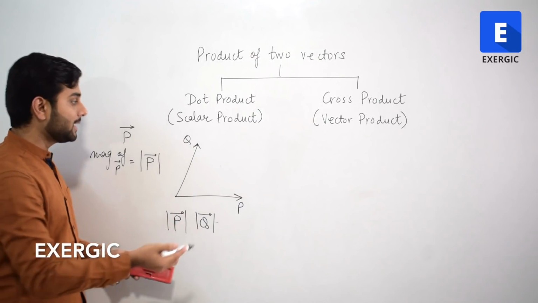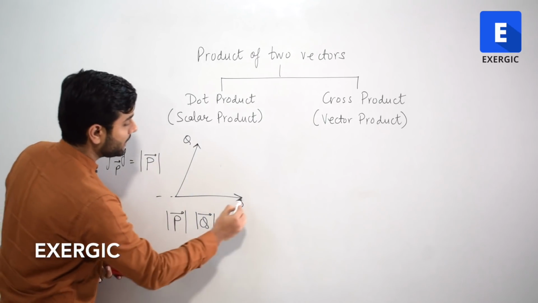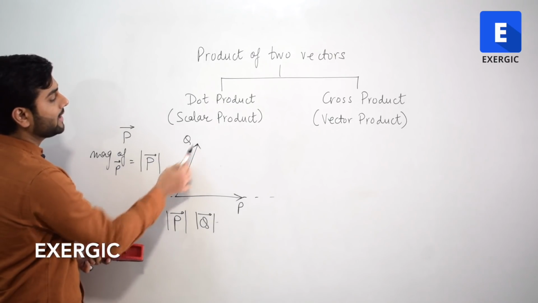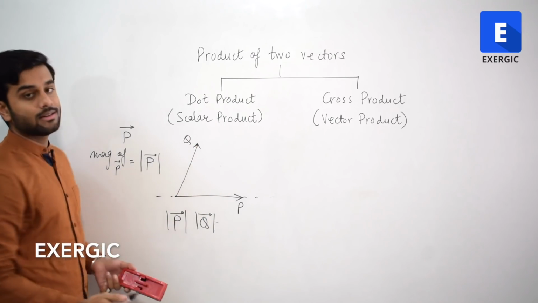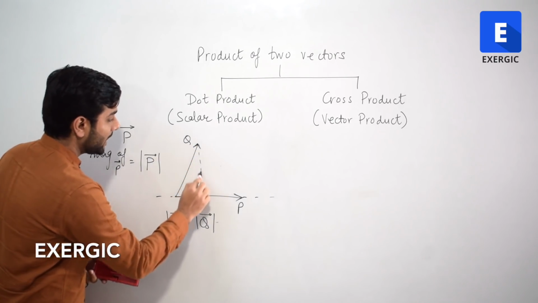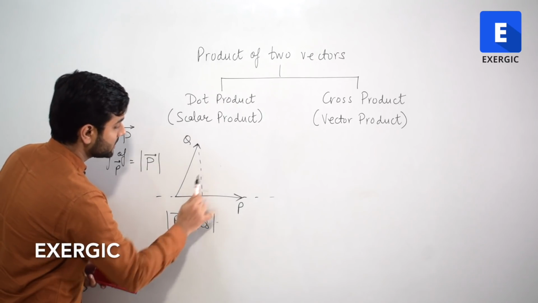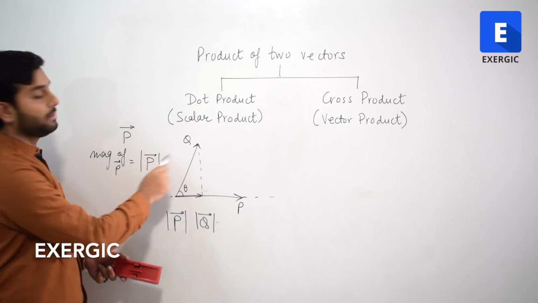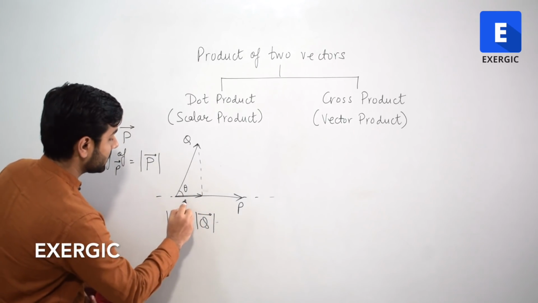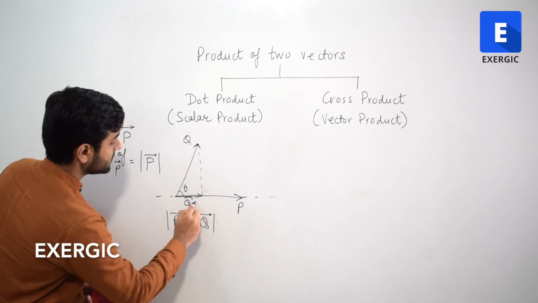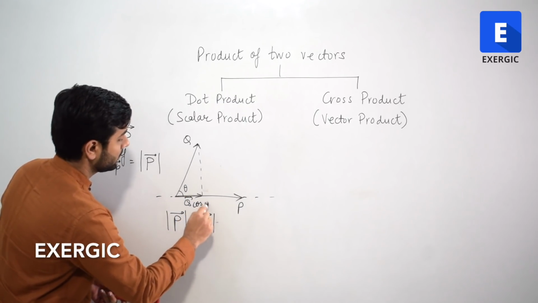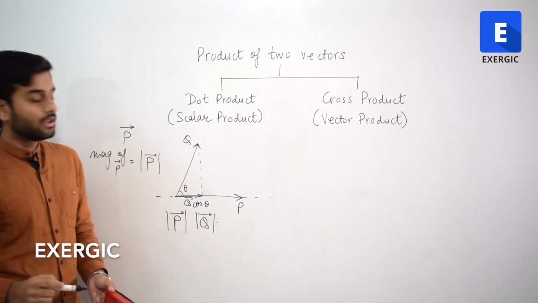Now, how do I multiply? Suppose in the direction of p, I want to multiply their magnitudes. So, its magnitude is q. How will I multiply its magnitude in this direction? For that, you need to have a component of this vector. If this is angle theta, theta is the angle between p and q. So this component is q cos theta, right?